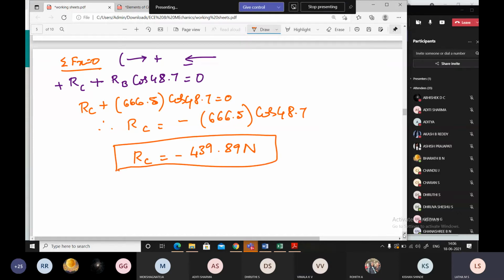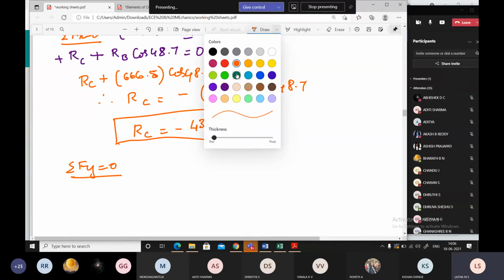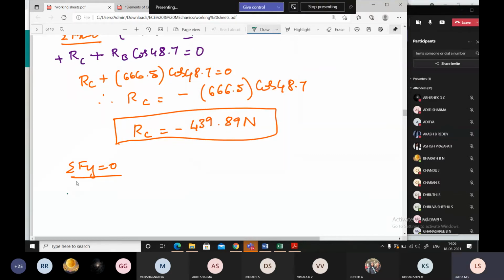Now next I'll proceed. Sigma Fy equals 0. Any doubt here, students? Please let me know. Tell me the equation now. RB sine 48.7, plus or minus?